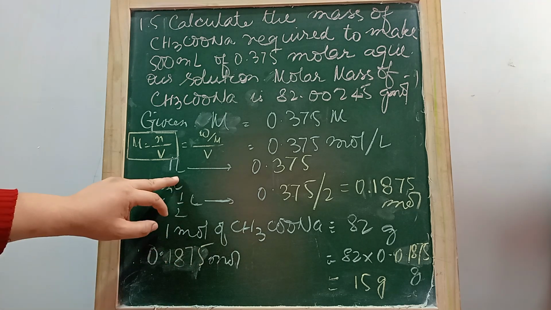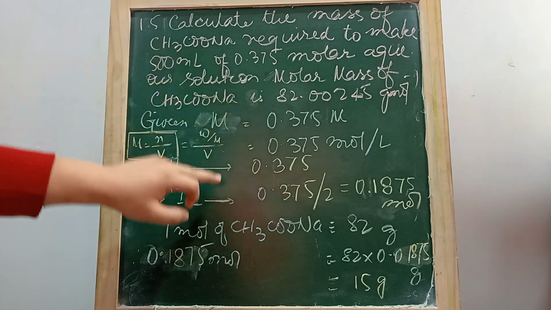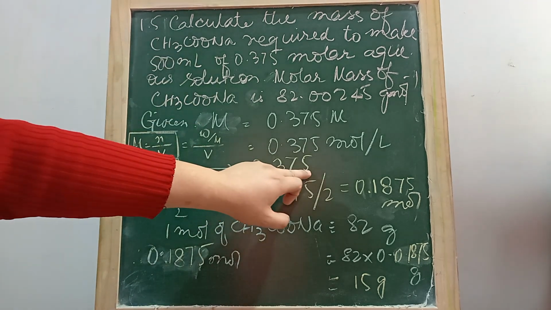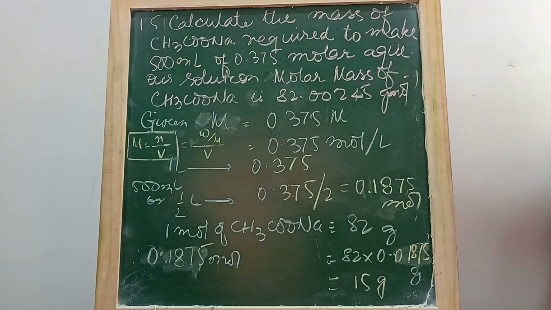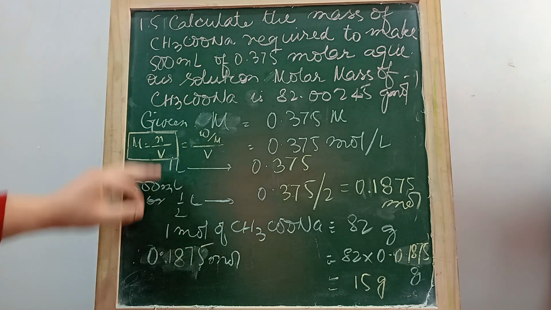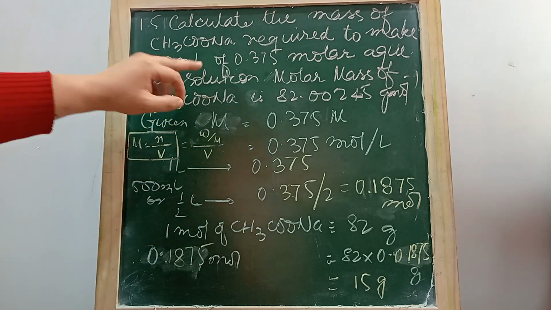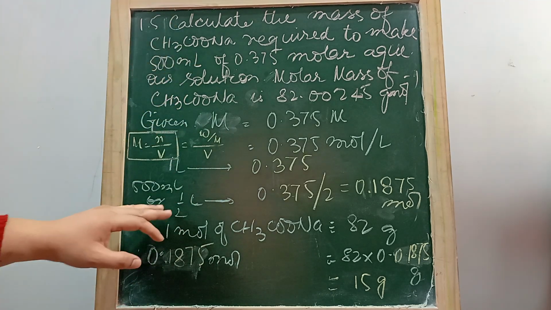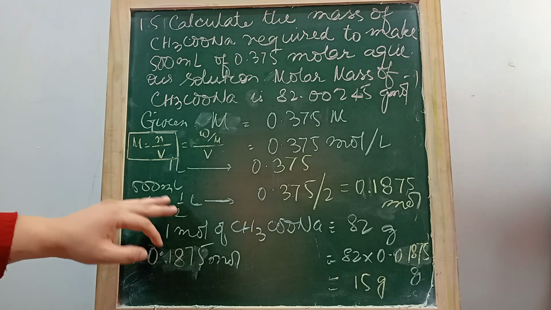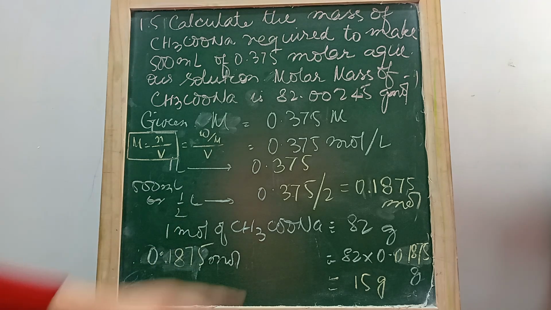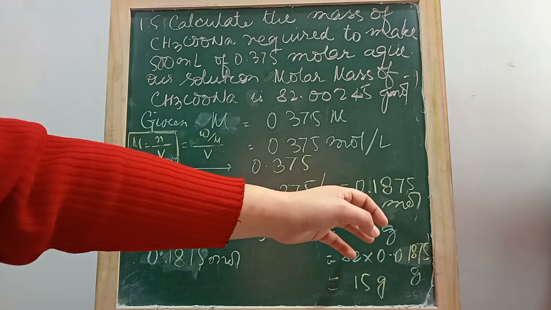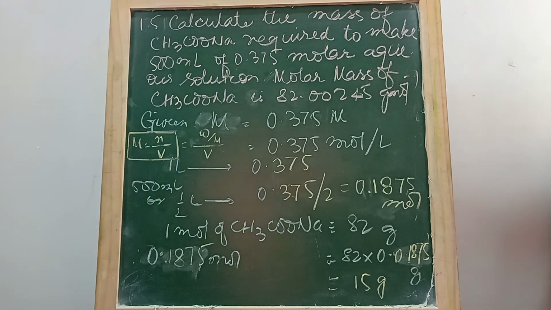This is in one liter, but we're going to make half a liter of solution. So in half a liter, or 500 ml, we need half of it, which is 0.1875 mole.